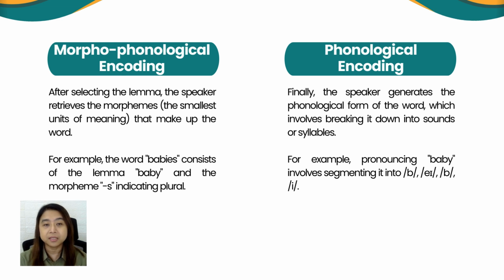Finally, the speaker engages in phonological encoding, generating the phonological form of the word by breaking it down into sounds or syllables. For instance, pronouncing baby involves segmenting it into B, A, B, I.